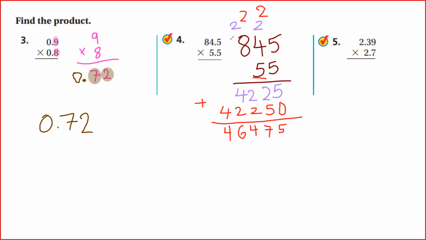Wait, add 4. Now then, let's go back to the decimals number. How many digits after the decimal point? 1. And 5.5, how many digits after the decimal point? It's 1. So where I have to put the decimal point now? After how many digits? 4 digits. Why 4? We said 1 and 1, 2.